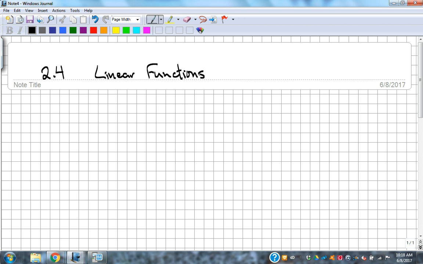Linear functions are linear equations, basically. Somewhere in high school math, you learned about this type of equation: y equals mx plus b, where m represented the slope of the line and b represented the y-intercept, or where the line crossed the y-axis.